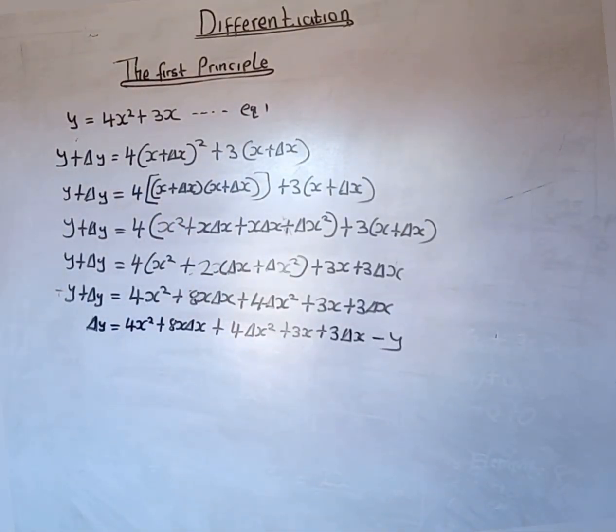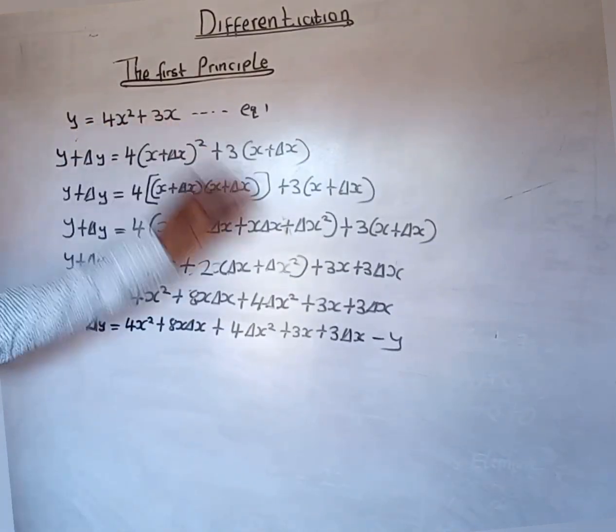Now, don't forget that from the first equation, which is y equals 4x squared plus 3x, I'm going to be substituting this equation as the value of y here.